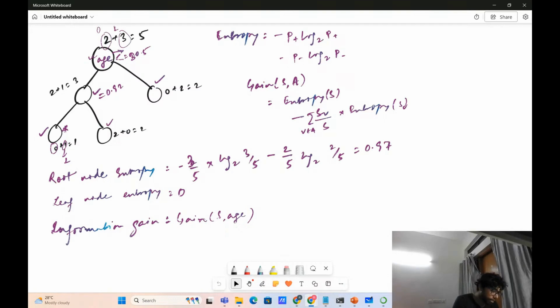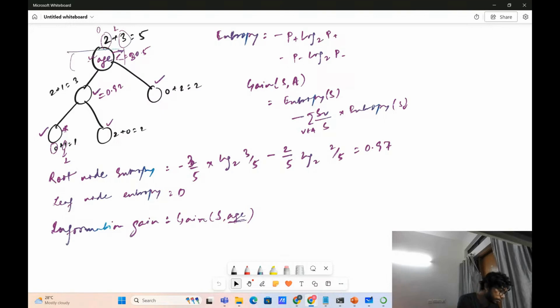So S is, let's say, the tree, and you are trying to get what is the information gain by using this age parameter or the first node. This is calculated by taking the entropy without using this cut. So what is the entropy without using the first cut itself?